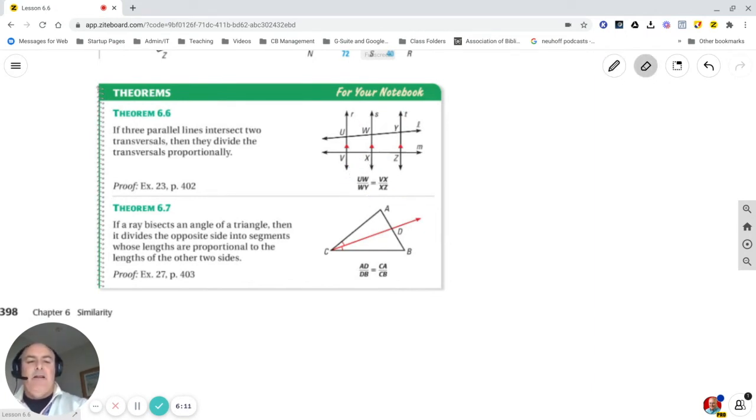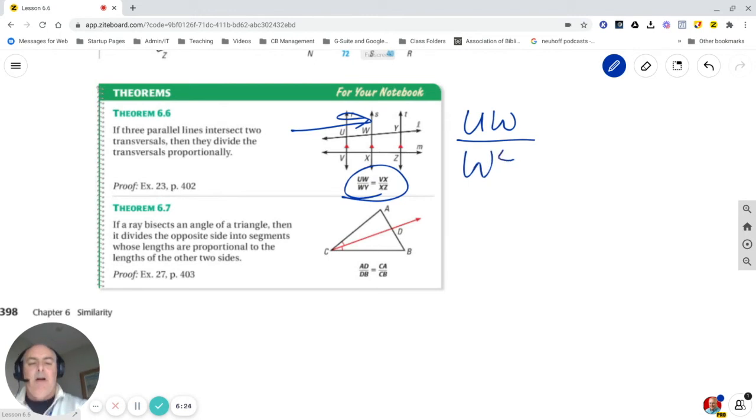So we're working down the drawing. Let's see if I can actually work across the drawing the way I was doing before. So if I take UW over WY equals VX over XZ, that's my theorem.